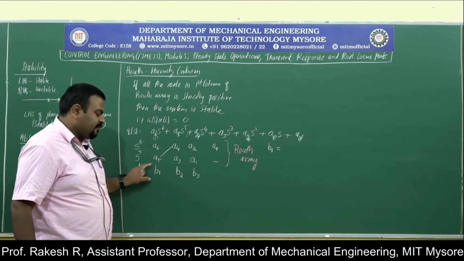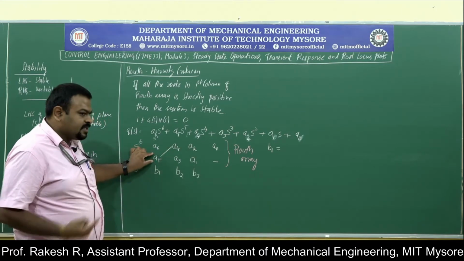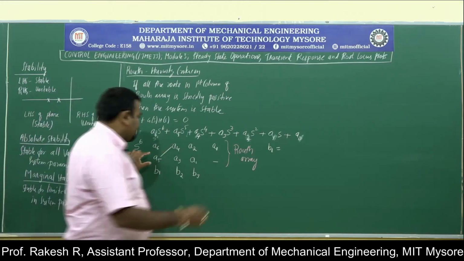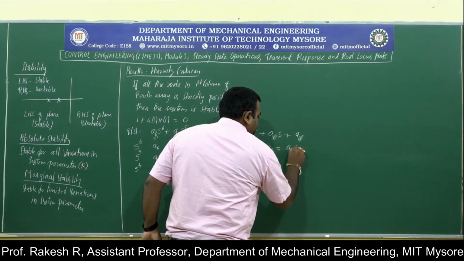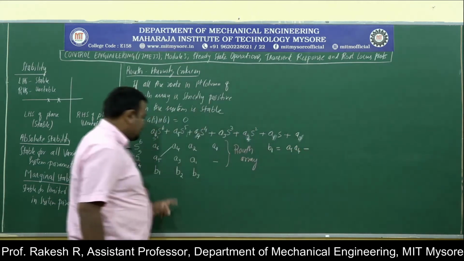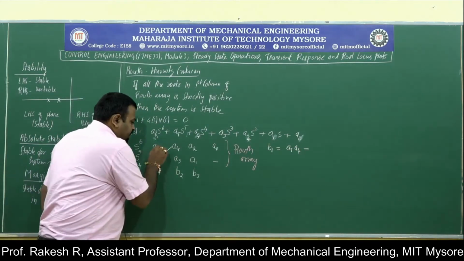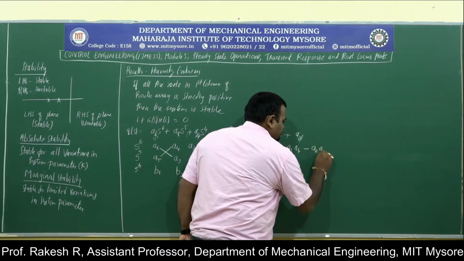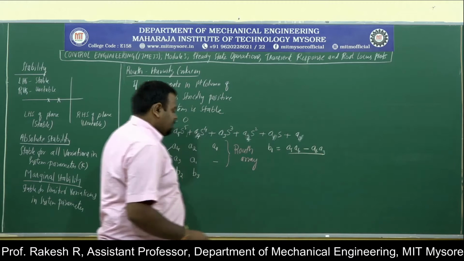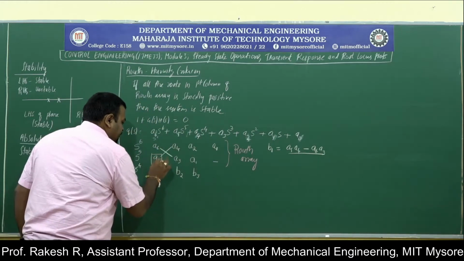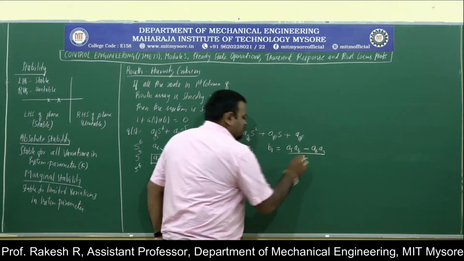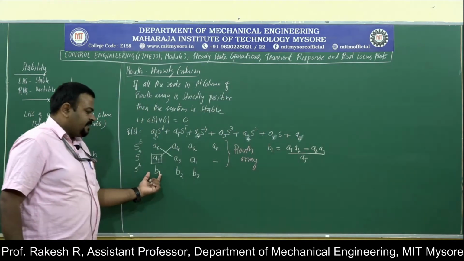When computing b1, you have to consider the previous rows: a5 into a4 minus a6 into a3, divided by a5. a5 I will consider as the key element.